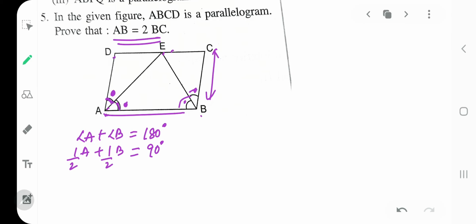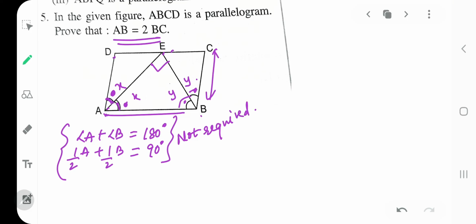Got my point clear? This is not required, so don't do it.